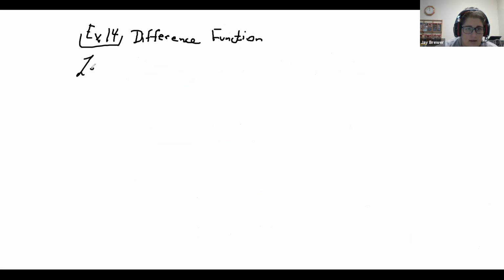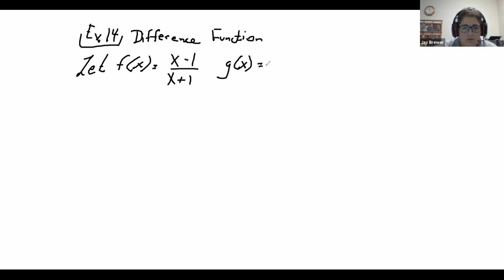We're going to let f of x equal x minus 1 over x plus 1, while g of x is going to equal the opposite, x plus 1 over x minus 1.